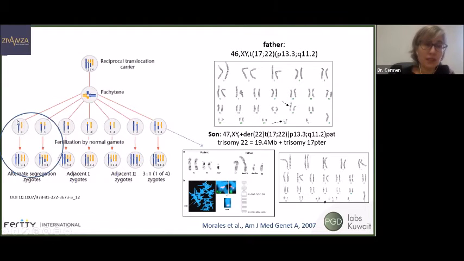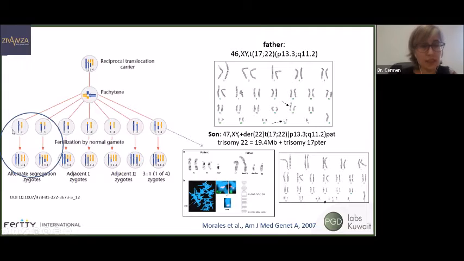But depending, during gametogenesis, the spermatogenesis or the oogenesis, on how these chromosomes segregate, meaning how they are distributed in the gametes, we can have a lot of combinations, okay?